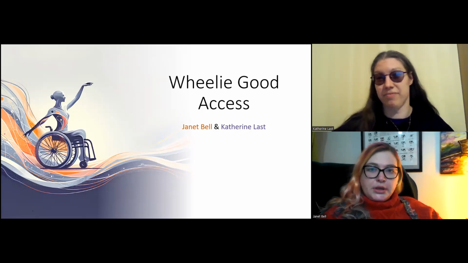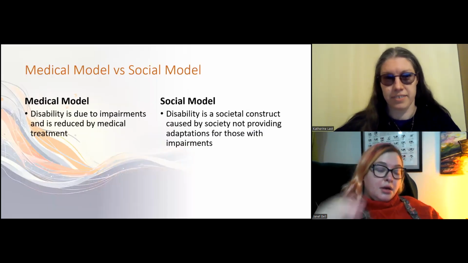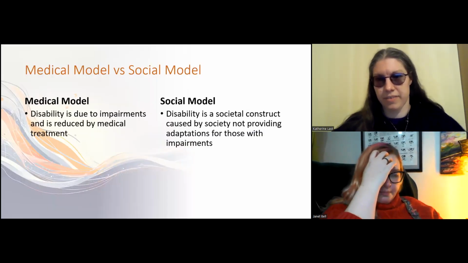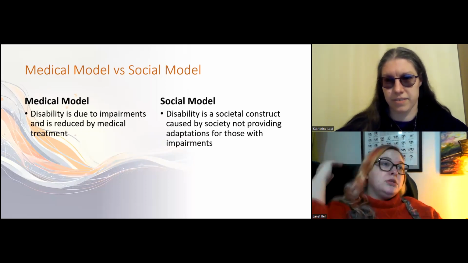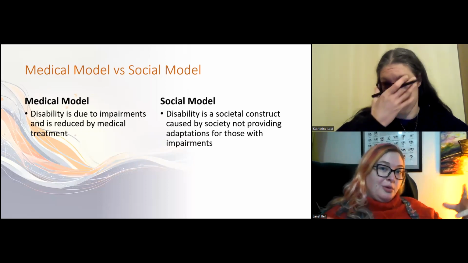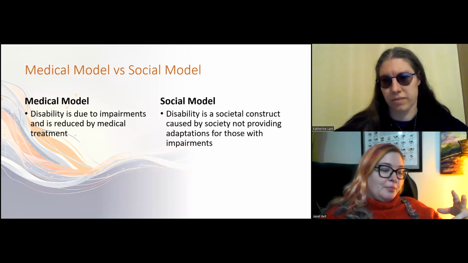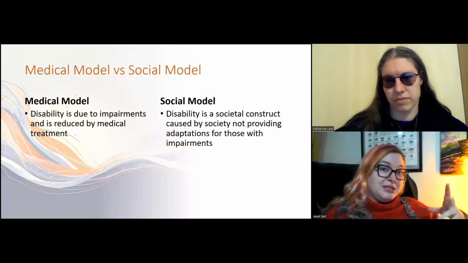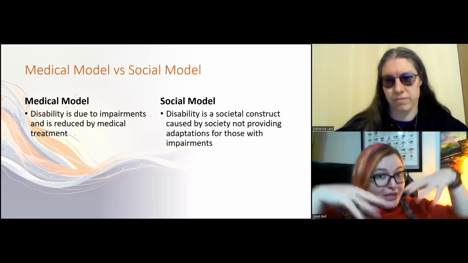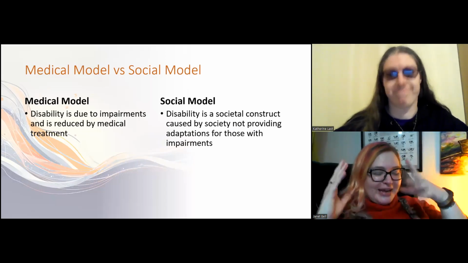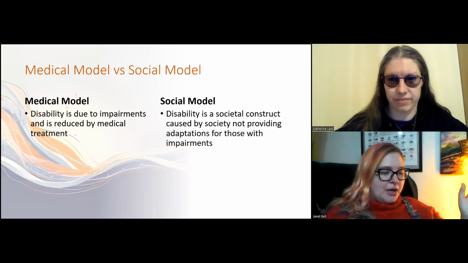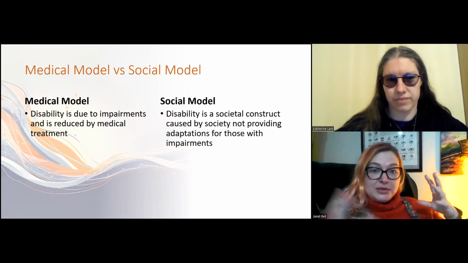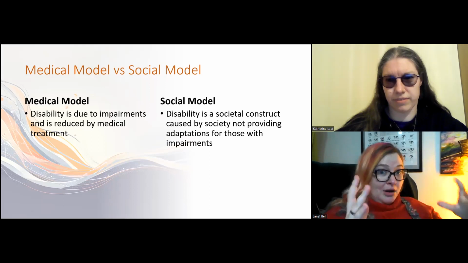Okay. So before we talk specifically about how to do wheelchair dancing, we wanted to cover a little bit first about the medical model and the social model of disability, because it does, I promise, feed into what we're talking about. So this is just like a 101 on it. The medical model is what has been prevailing, and still does in a lot of circles.